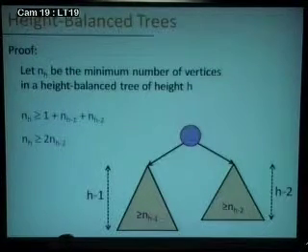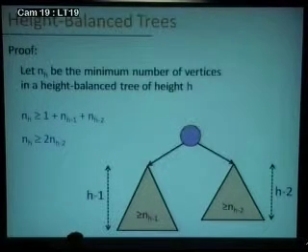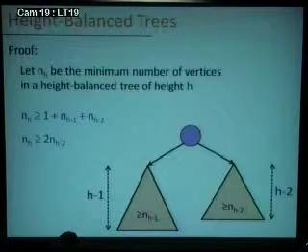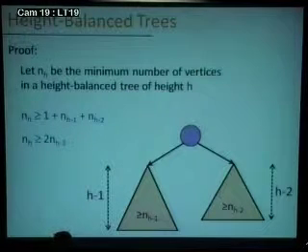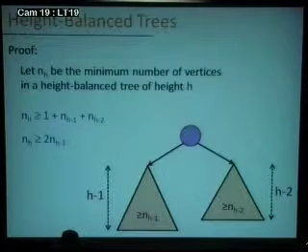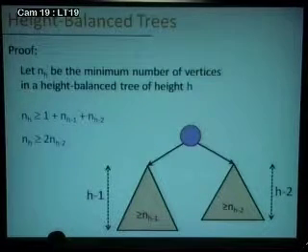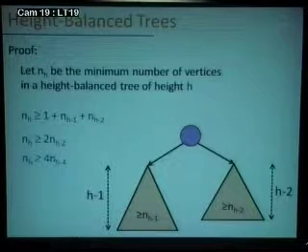Alright. Now, here comes the recursive thinking. If I have n h minus 2, is it true that n h minus 2 is greater or equal to 2 n h minus 4? And if I have n h minus 4 greater or equal to 2 n h minus 6, and so on. So I can do that. Okay?